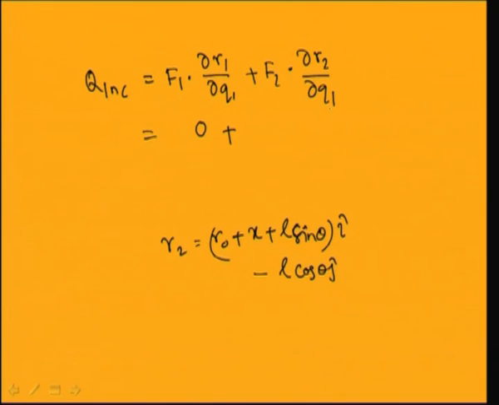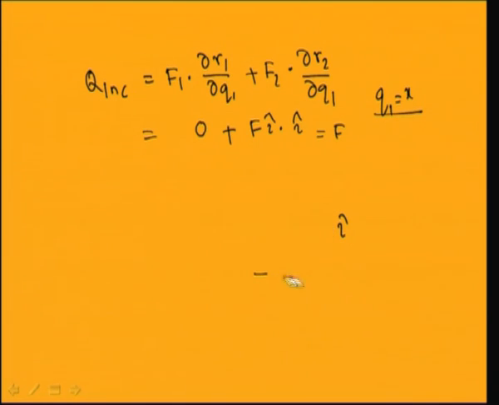If you differentiate with respect to q1 equal to x, this becomes i. So, this is equal to F i dot i, which is F. So, Q1 nc equal to F.